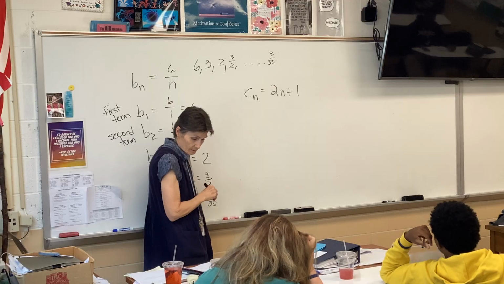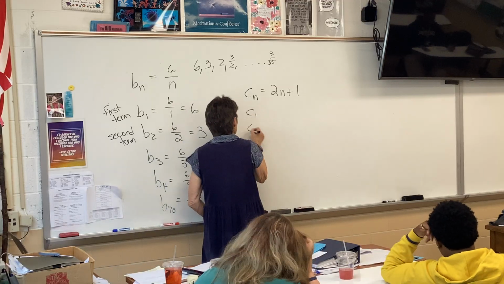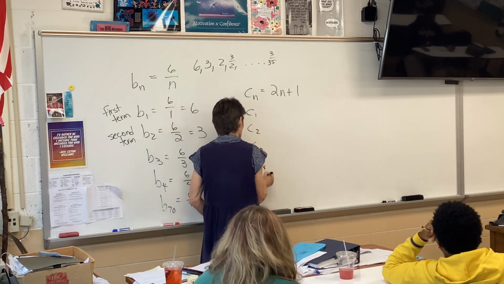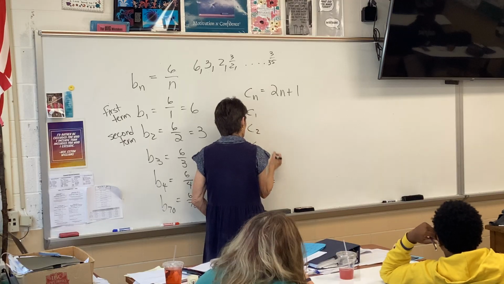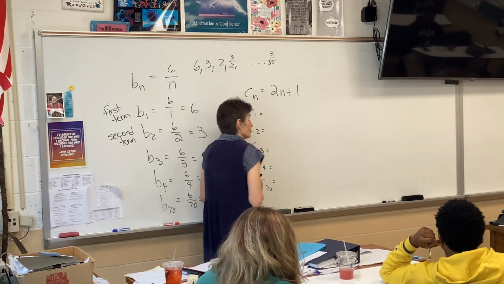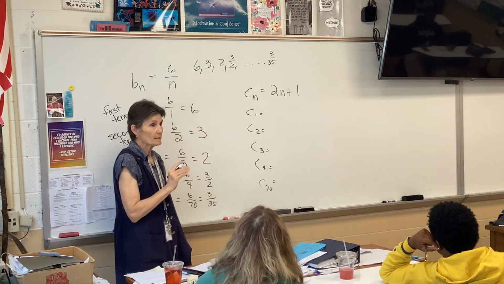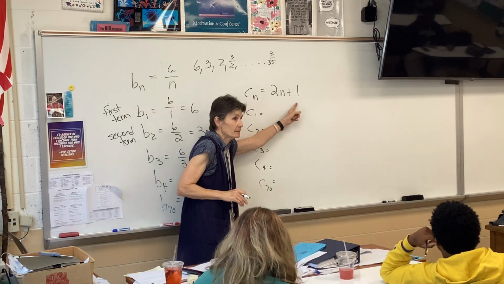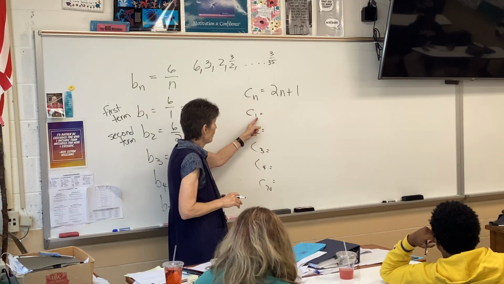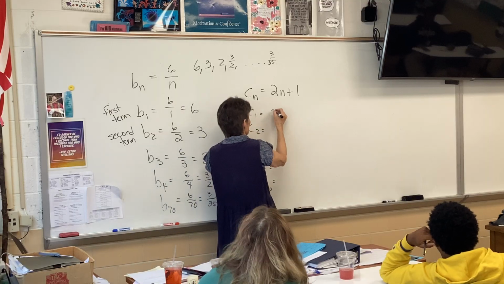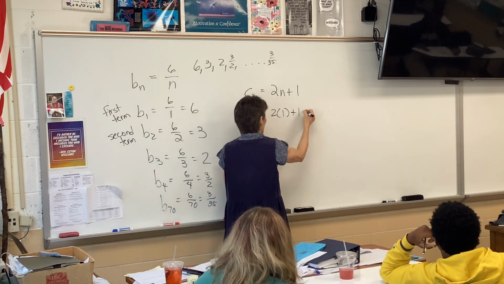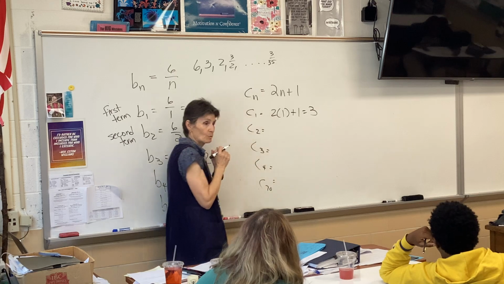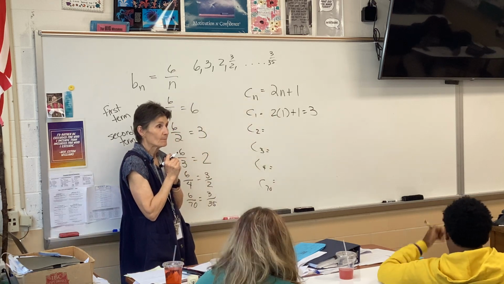All right, I want the same thing. So C sub 1, 2, 3, 4, and 7. So we're not making it hard. How do we find C sub 1? This is C sub n. So C sub 1 will be 2 times 1 plus 1, which is 3. Yep.